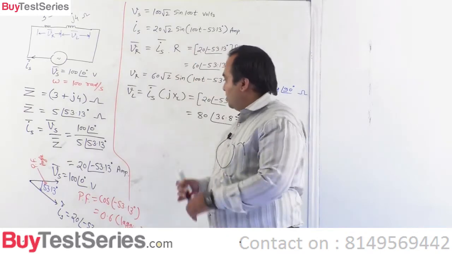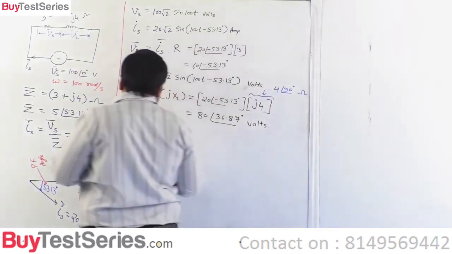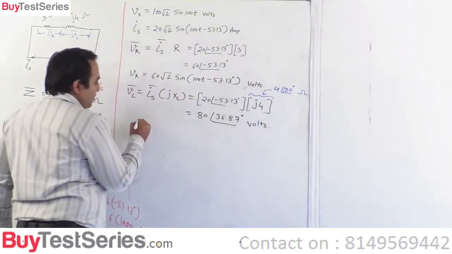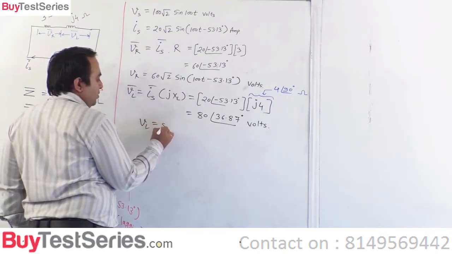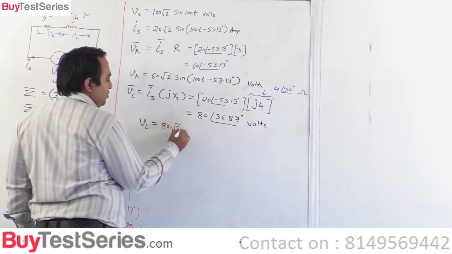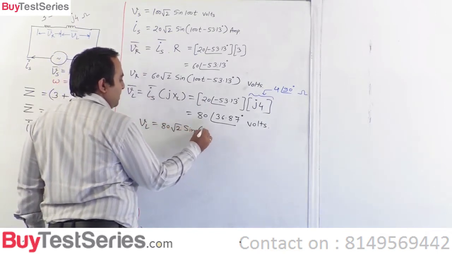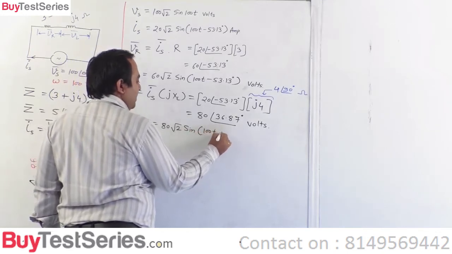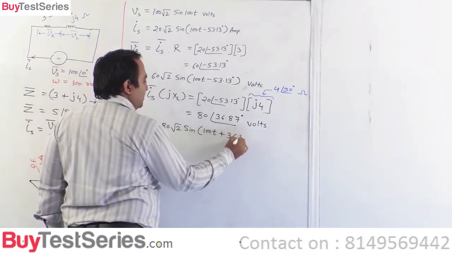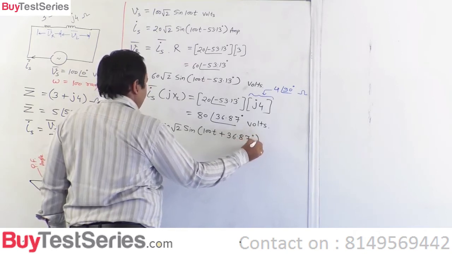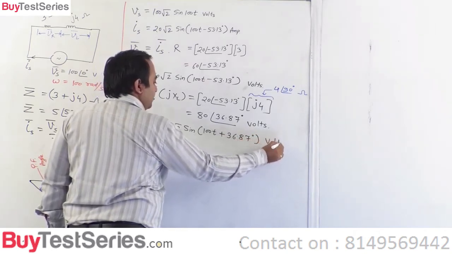So this current must lag this voltage by 90 degrees by the property of the inductor. Is this okay? So we can write this VL as a function of time: VL is equal to 80 root 2 sine of 100t plus 36.87 degrees volts.